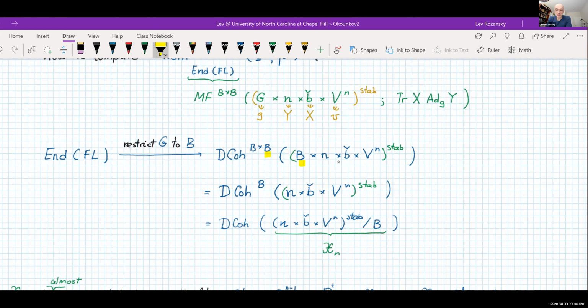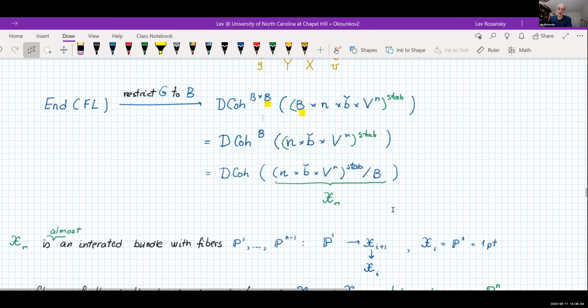Now you lost your Borel subgroup in the variety, and you also lost one of the Borel equivariances. So now you have to take the product of strictly upper triangular matrices and framing space, impose the stability condition, and take the quotient by Borel.